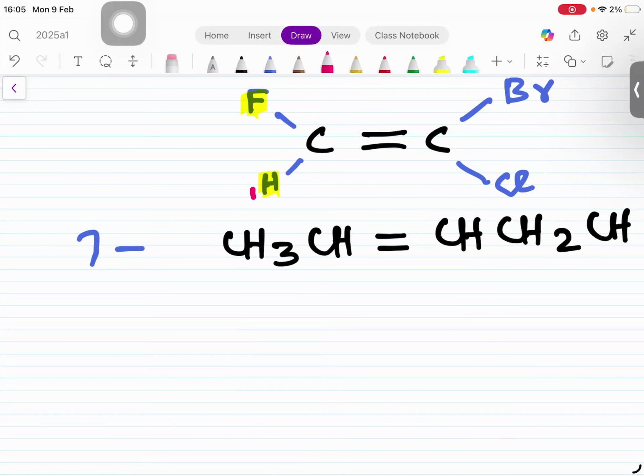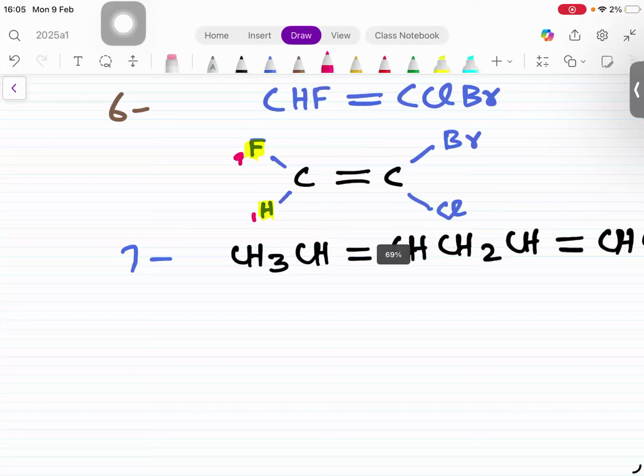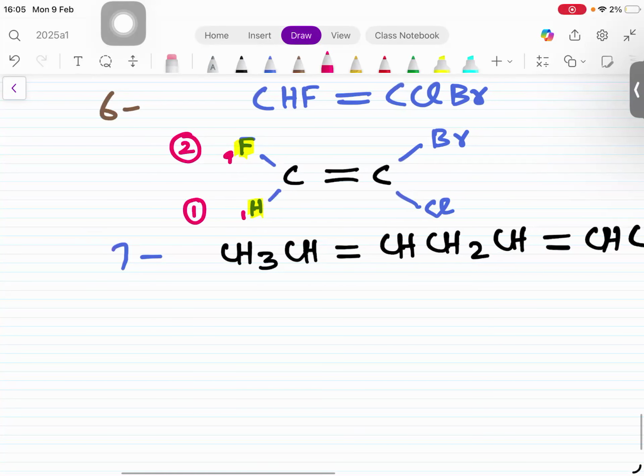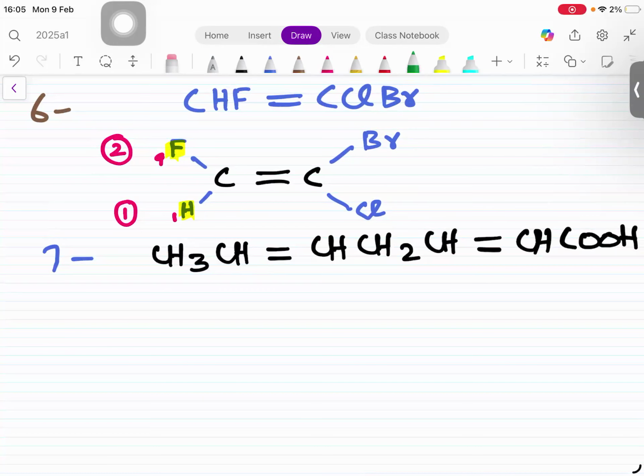Hydrogen's atomic number is 1 and fluorine's atomic number is 9. Which one is smaller? So we assign number 1 to the hydrogen and number 2 to the fluorine. Similarly, for chlorine and bromine, what is the atomic number for chlorine? 17, and bromine is 35. Which one is smaller? So chlorine is 1 and bromine is 2.